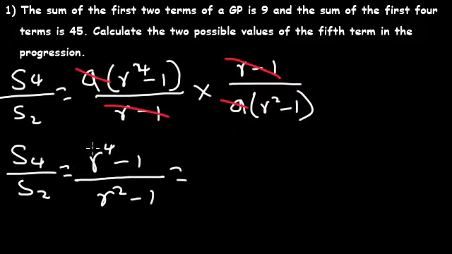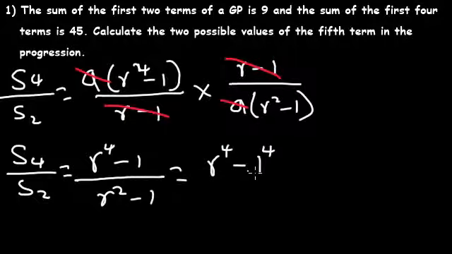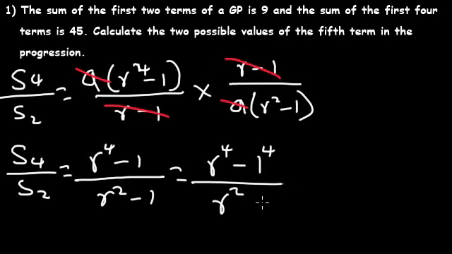Now, what should we do at this point? Well, the expression at the numerator is factorizable. You can see it's a difference between the power of 4 of two numbers. So r raised to power 4 minus 1 raised to power 4, then we have r squared minus 1.